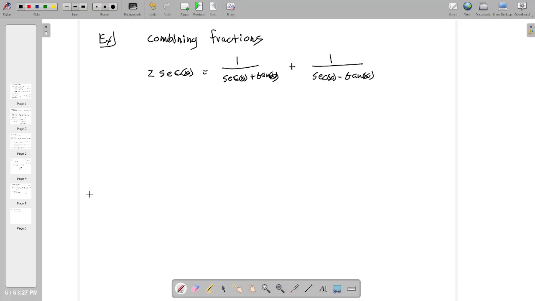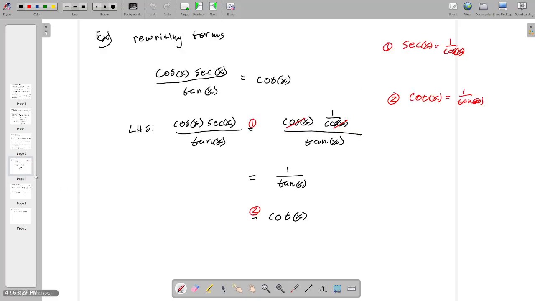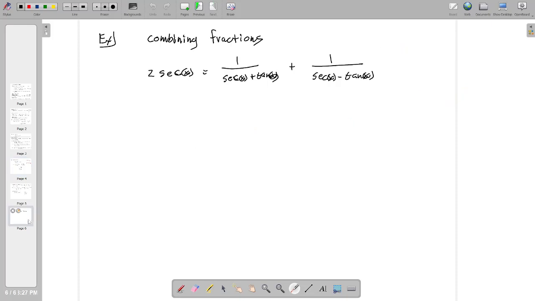Now remember what I said before. When we're trying to prove an identity, you want to start with the side that looks worse. In this case, that's going to be the right-hand side. Left-hand side is pretty nice. It's easier to work from something that looks ugly to something that looks nice instead of trying to go the other way. So let's start with the right-hand side here.